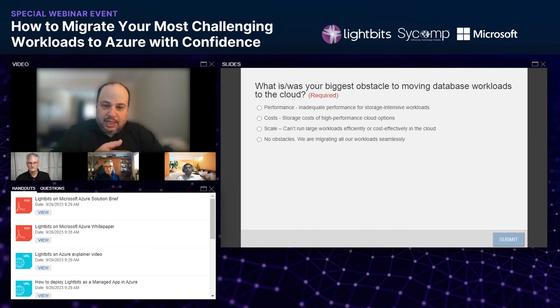So they got a solution where they can migrate these workloads gradually to the public cloud while keeping the same user experience. And it's not just about the user experience; the license model from Lightbits was also very flexible for them, because the license is attached to the capacity you want to support, no matter if you are running it on-prem or in the public cloud.